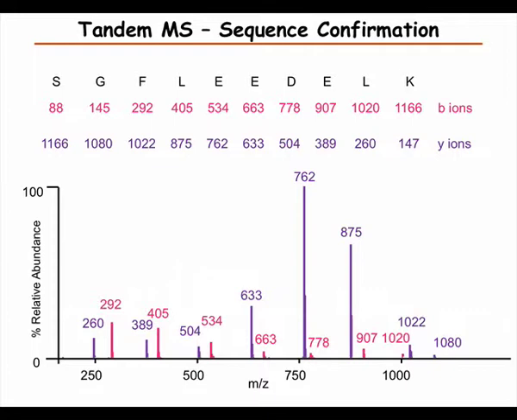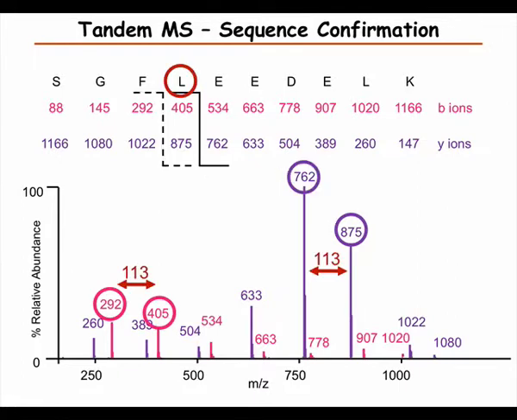In this case, this is a very unusual case because we can see a lot of the B and Y ions, and we can explain the whole spectrum. For example, for this fragmentation between this leucine and this phenylalanine, the B ion that corresponds to that is 292, and the Y ion that corresponds to that is 875.